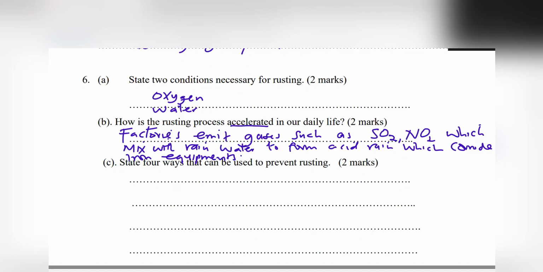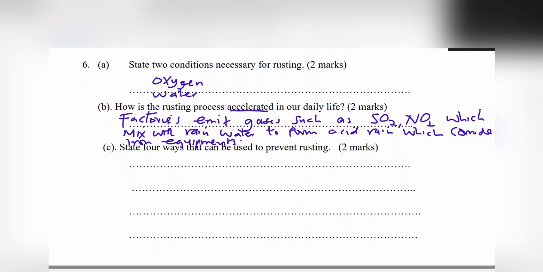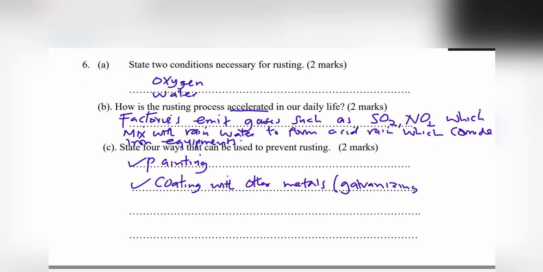State 4 ways that can be used to prevent rusting. 1 is painting. 2, we can use coating with other metals. And this can be done through either galvanization or what we call electroplating. 3, we can use sacrificial protection.